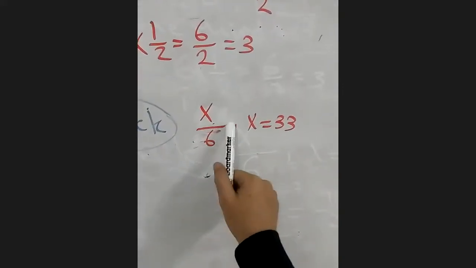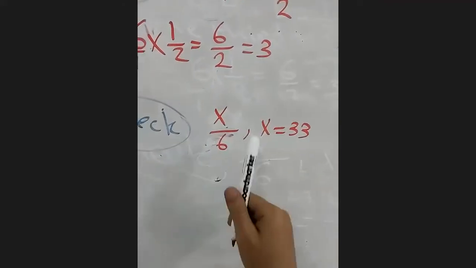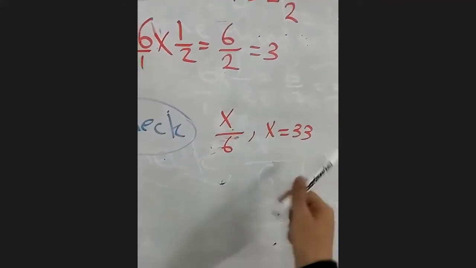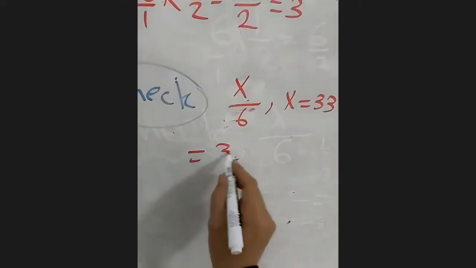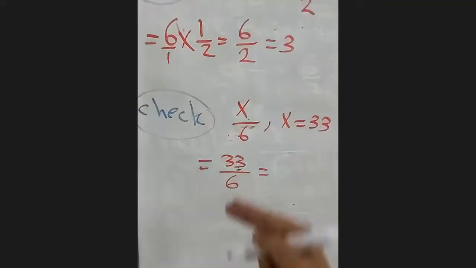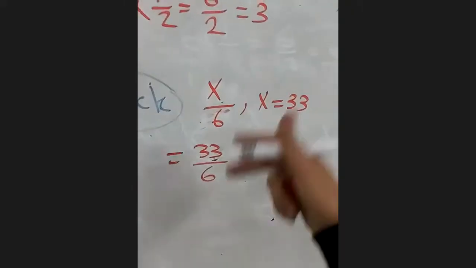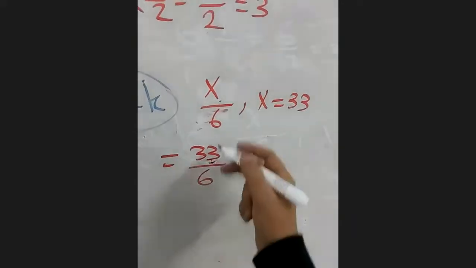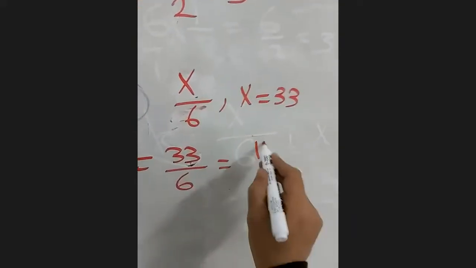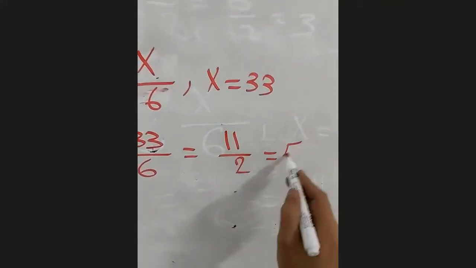But here I have this line. This line means a fraction. A fraction means a division. So replace x with 33. It will be 33 over 6, 33 divided by 6. And as we know, we simplify it. Here we can divide up and down by 3. It will be 11 over 2. Now, if you make long division, it will be 5.5.